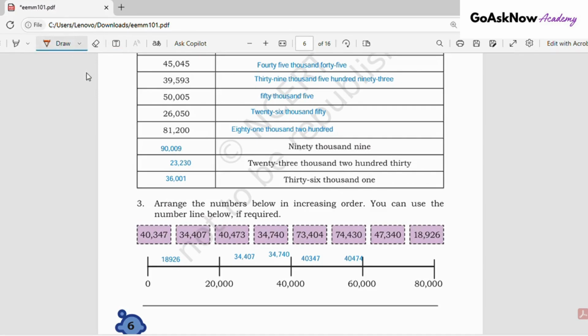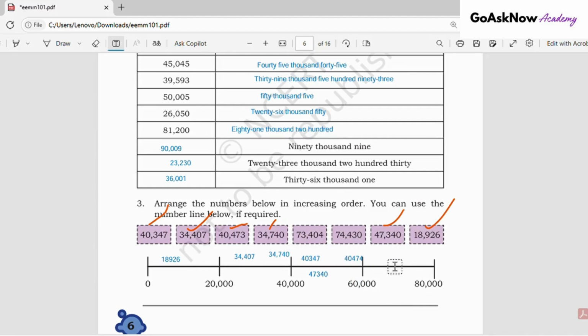Let us have a check. This number we have taken. After that 34, this one, 40,000, this one. Next 47,000. We are taking this one, 47,340. Apart from that, we have done this one.